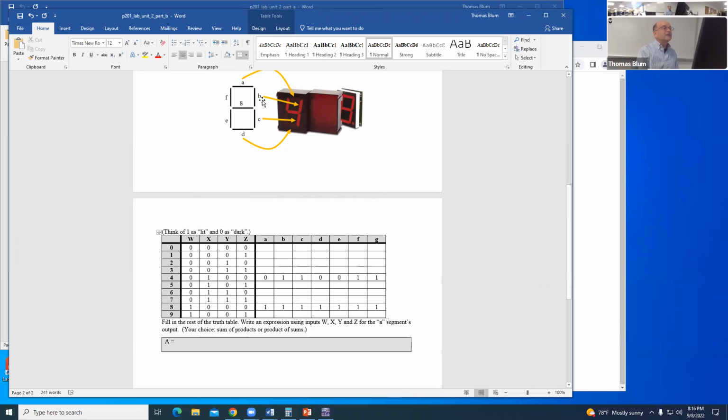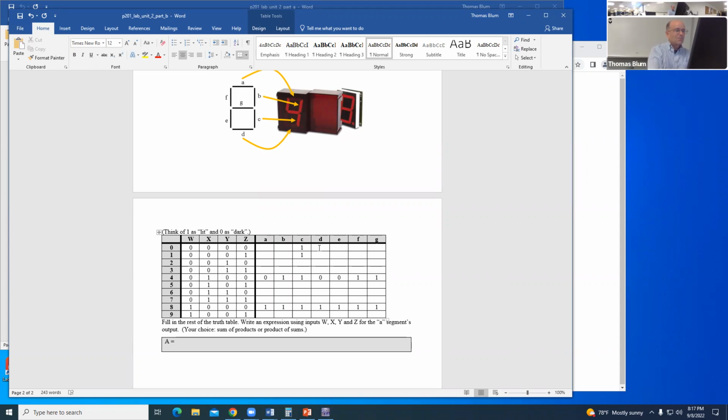But let's look at C. Is C lit up if I'm displaying a 0? Yes. Is C lit up if I'm showing you a 1? Yes, it depends which side I'm going to put the 1 on, but I think I'm going to put it over there on the right. So yes. Is C lit up for a 2?